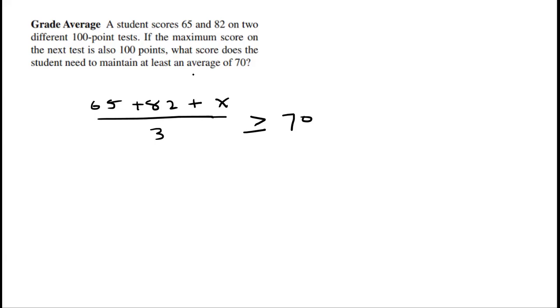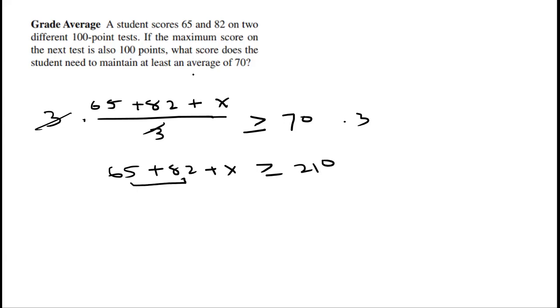All right. So in this case, I have a 3, right? So I can multiply both sides by 3, and then that will get rid of the 3 here. So we have 65 plus 82 plus X greater than or equal to 210. Then I'm going to combine the like terms. So that's going to give us 147 plus X greater than or equal to 210.